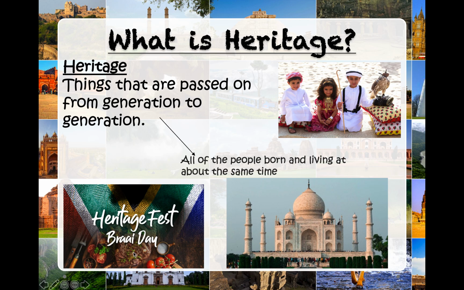Yum! In South Africa, they have something called braai, and it is a type of food. Therefore, braai is part of South Africa's heritage that's been going from generation to generation and will continue to carry on to the next generations.